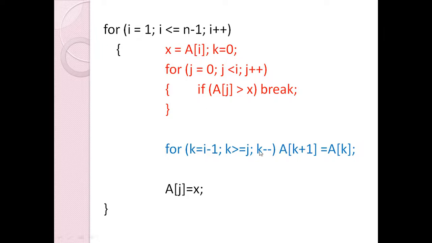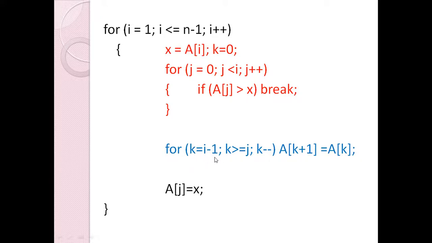Then this loop will shift the elements to vacate the position j. So from i, we run this loop in reverse order: the i minus 1 element will be shifted to position i, and we will move backwards shifting.